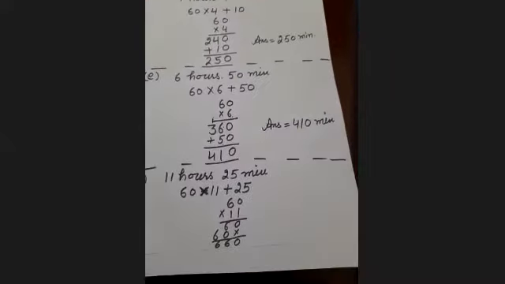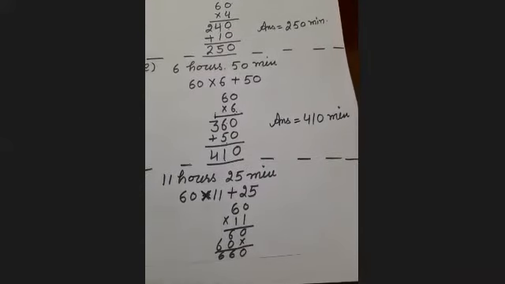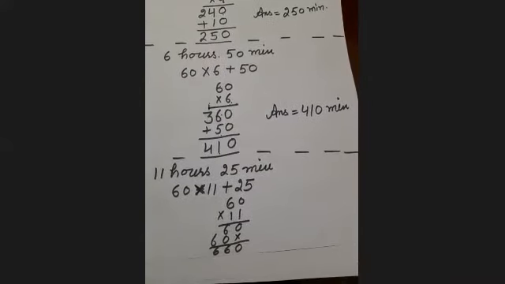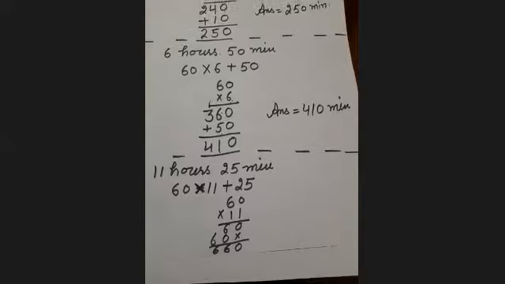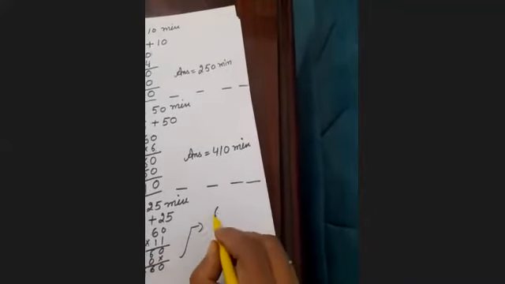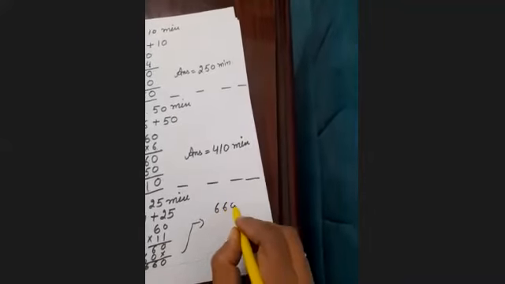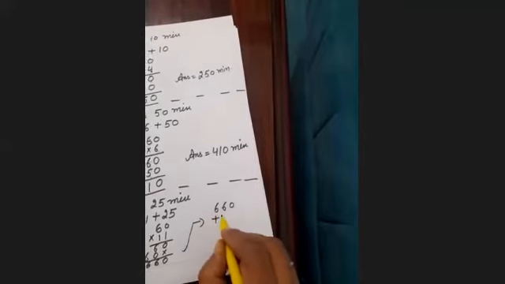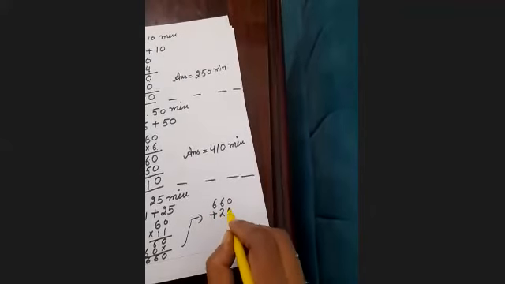When we multiply 60 by 11, we'll get 660 minutes. Now students, add 25 minutes. 660 plus 25.